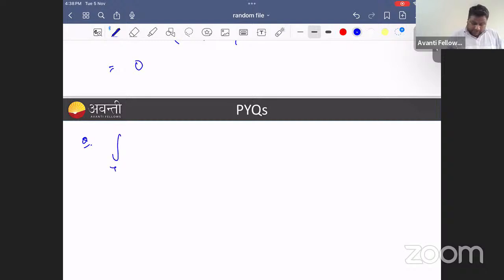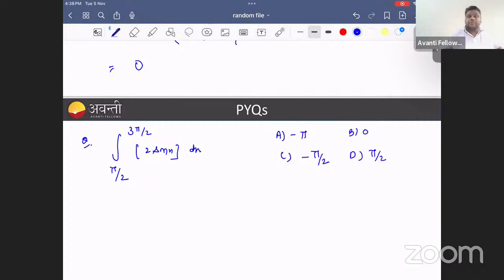Integration pi by 2 to 3 pi by 2 greatest integer of 2 sin x dx. Options are minus pi, 0, minus pi by 2 and pi by 2.